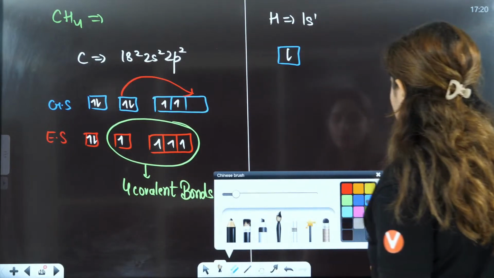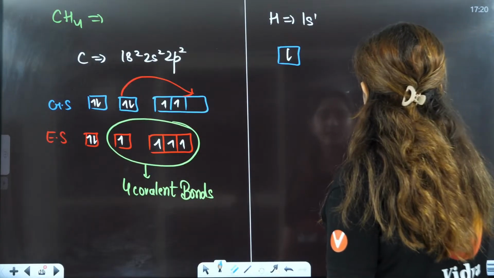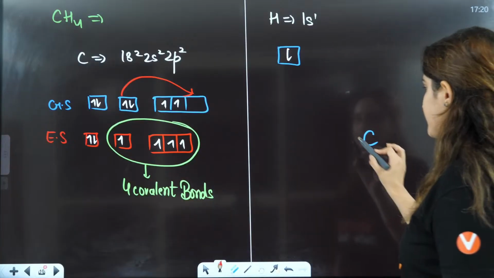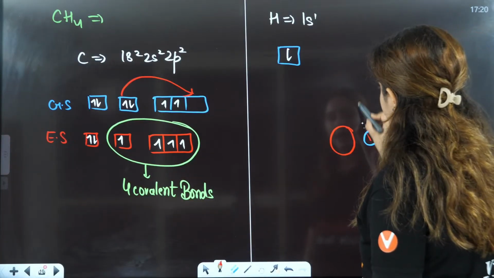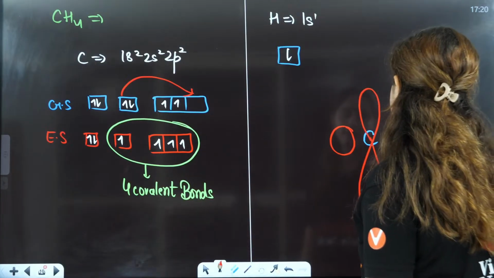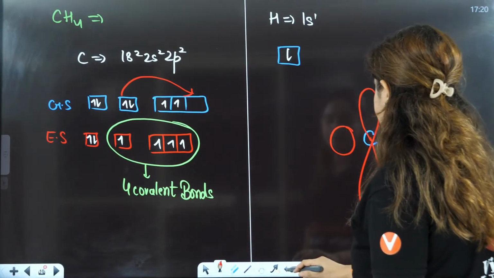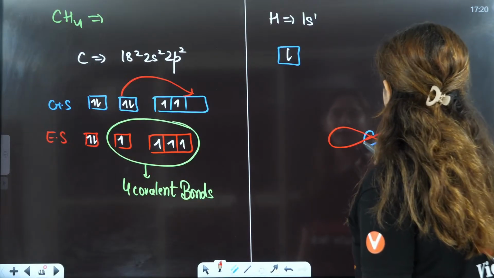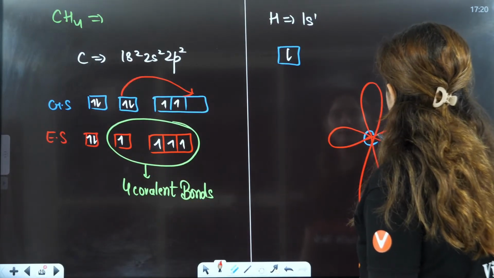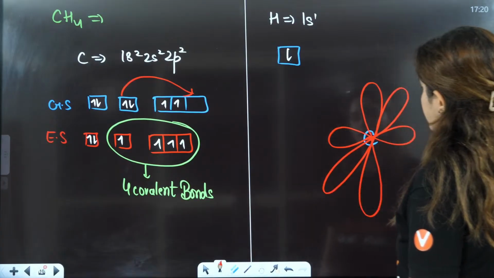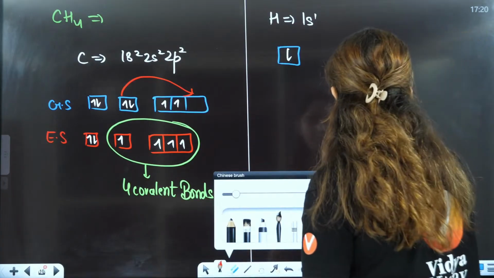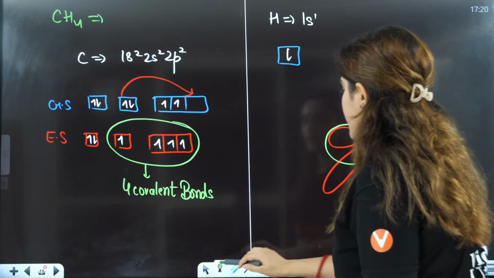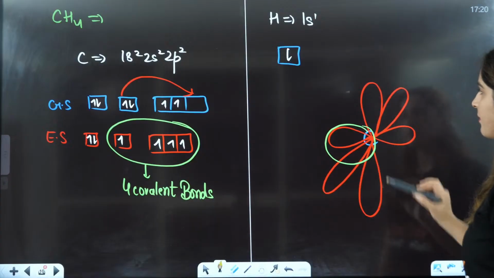So that means when the overlapping is happening, let's say this is carbon, it has 4 orbitals, 1 s orbital and 3 p orbitals. Let's say this is px, this is py and this is pz. These are the 3 p orbitals and it has 1 s orbital. These orbitals are combining with hydrogen.